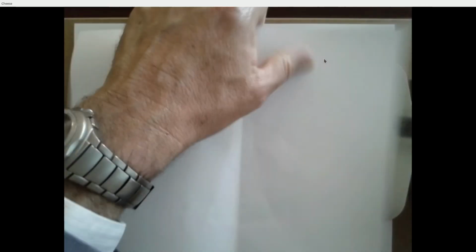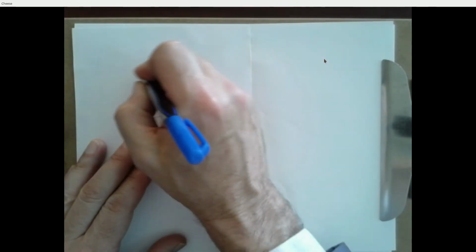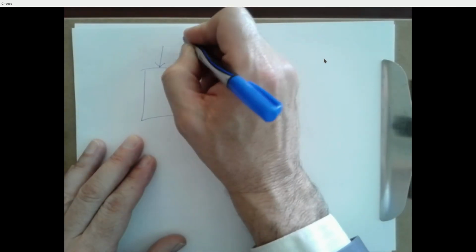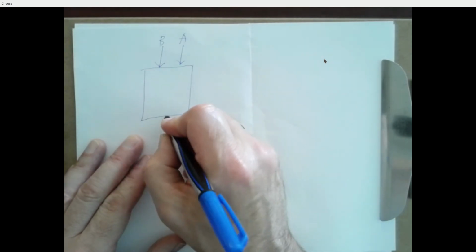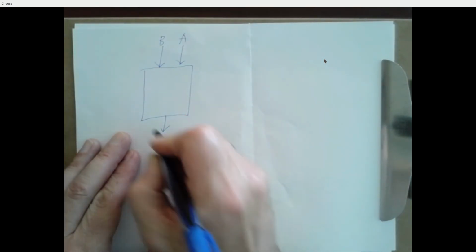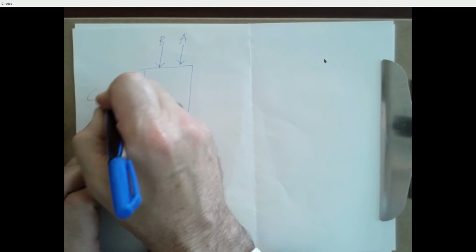We're going to have a block, have A and B. We're going to have a sum, and we're going to have a carry out.